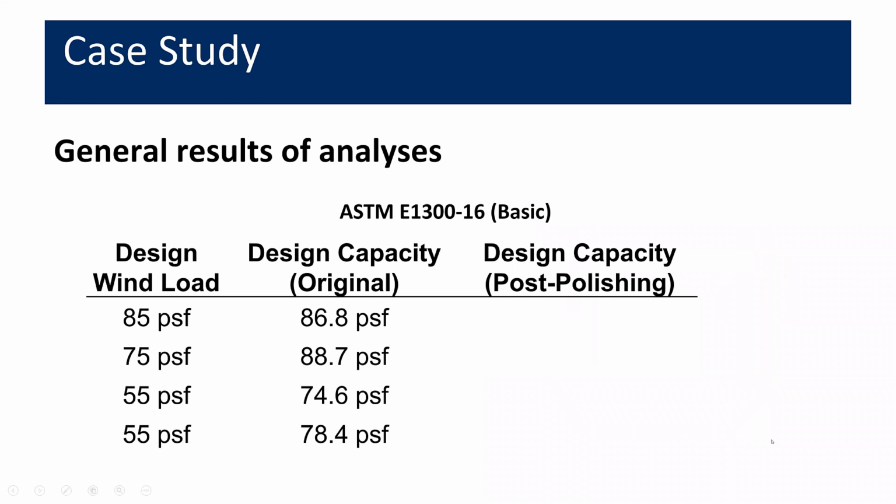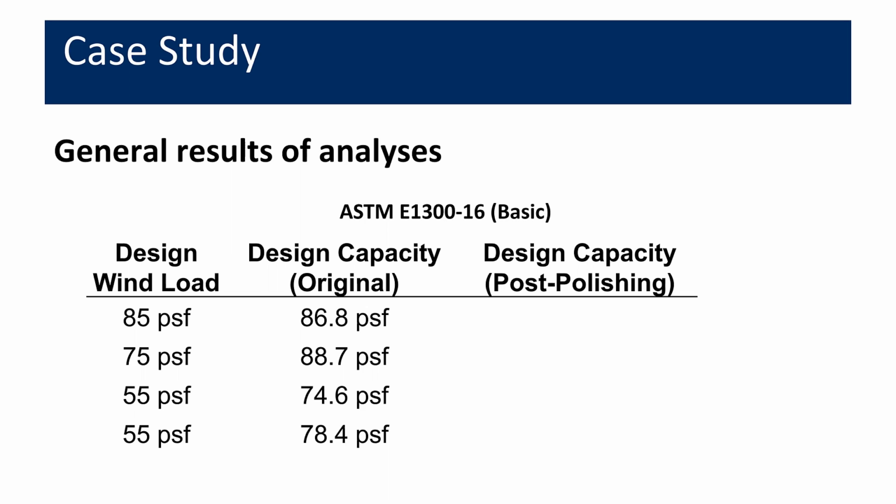And so what we wanted to do was go back and look at what were the original capacities that would have been calculated for these windows and their corresponding design loads. On the far left, we see the design wind loads that we had to resist. Those vary between the units and their sizes, probably due to their location on the building.